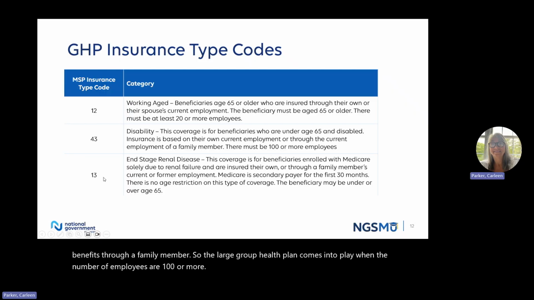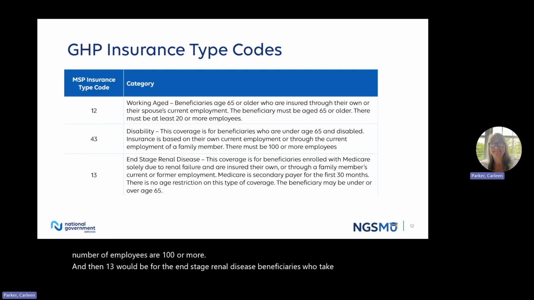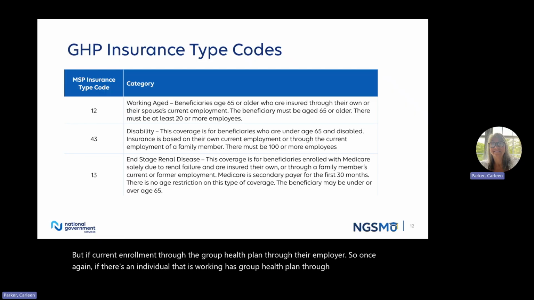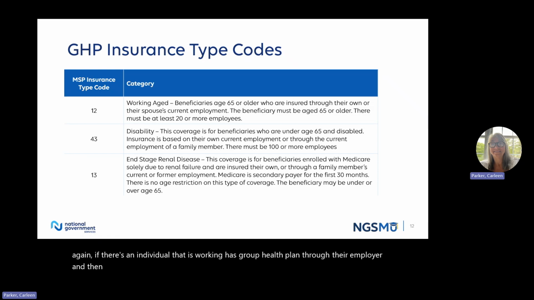And then 13 would be for end-stage renal disease: beneficiaries who take Medicare but have current enrollment through their employer's group health plan. So once again, if an individual is working, has a group health plan through their employer, and then goes on Medicare, that employer plan remains the primary payer for 30 consecutive months. Medicare would be the secondary payer.